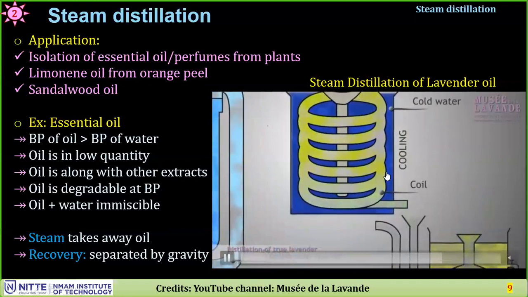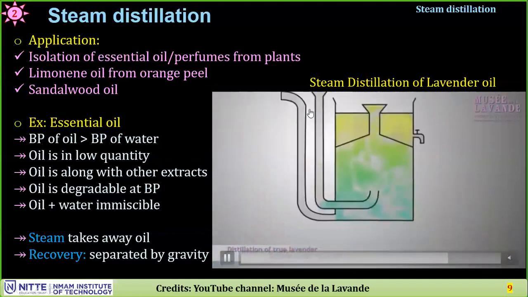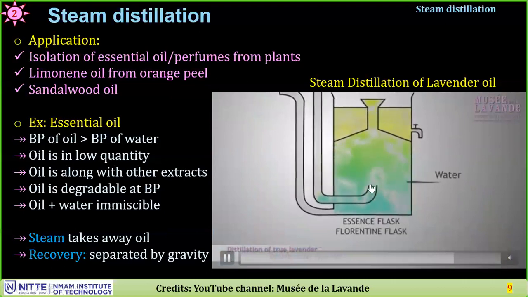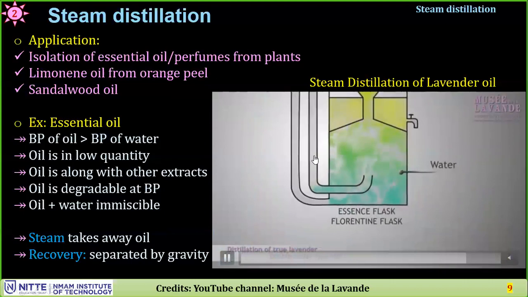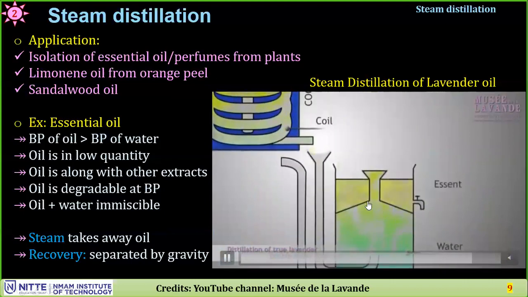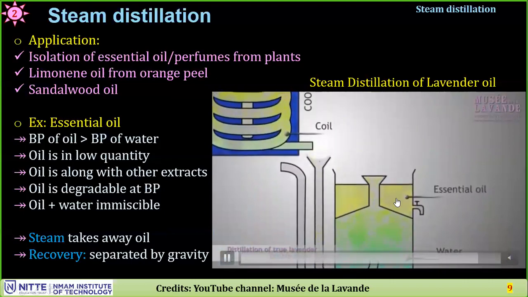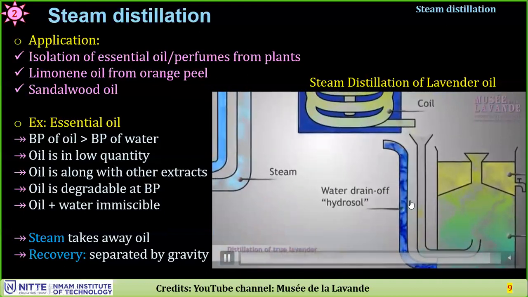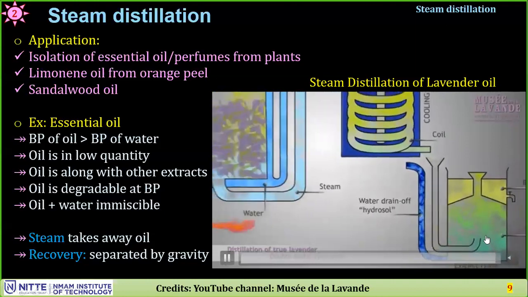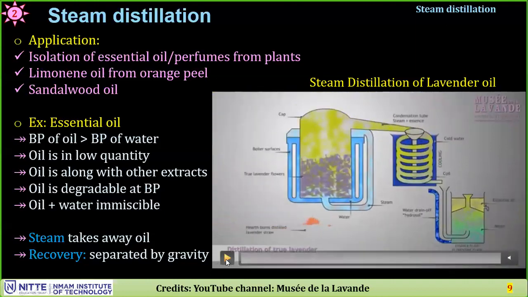The blue colored one, the steam and essential oil, is filled into this. You can see that water is heavier, oil is lighter. So by this, the product that is entering separates. The lighter component will overflow here. It overflows essential oil, and the extra water you get, you can siphon off from this.